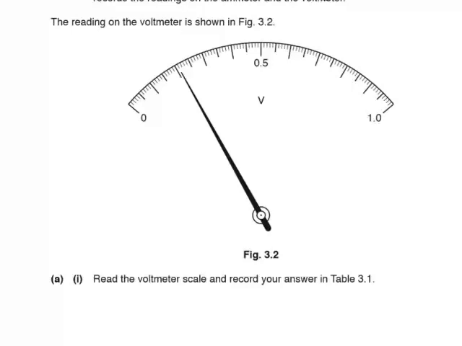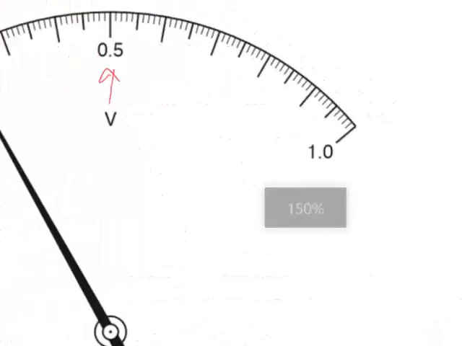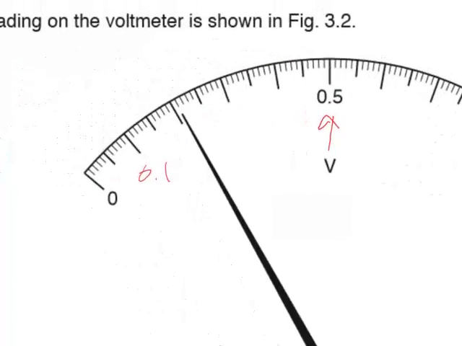Make sure you know how to read the voltmeter. Since this one is in the middle 0.5, basically every 0.1. Let's enlarge. That will be 0.1, 0.2, 0.3, 0.4, and now it is balanced, 0.5. So every one here should be 0.21.